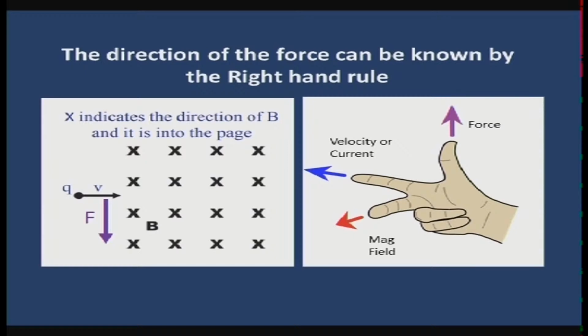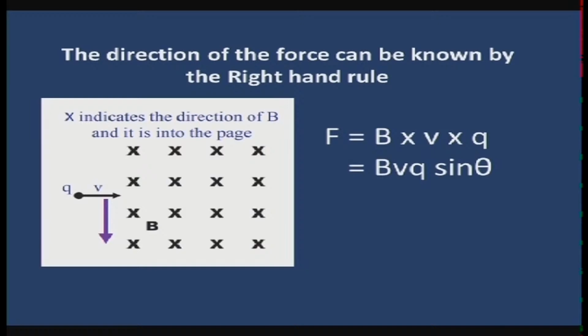The force is acting downwards and the magnitude of the force is given by BVQ, where V is the velocity, B is the magnetic field, Q is the charge. In case the direction of velocity is at an angle theta with the magnetic field, then the magnitude of the force is given by BVQ sin theta.